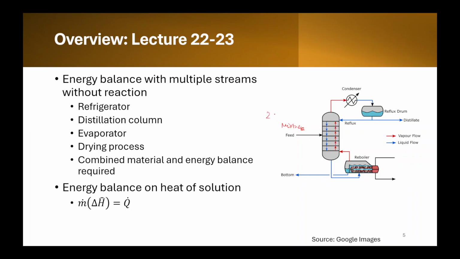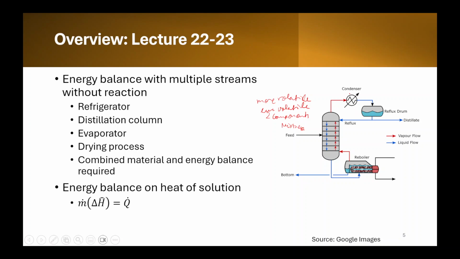Suppose there are two components. It can be multiple components as well. So, I am assuming here there are two components, and based on the difference in the boiling points, one will be more volatile, one will be less volatile. Based on the difference in the boiling point, basically you are separating these two components here.